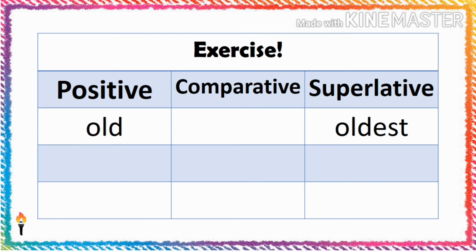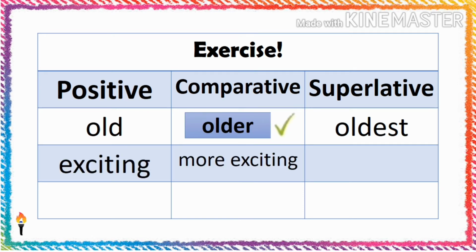Now let us have a short exercise. All you have to do is to complete the table. So for the first row, the missing part is the comparative. So the positive degree and superlative degree of the word old is given. So old, blank, oldest. The answer is, can you guess? We have the word older.